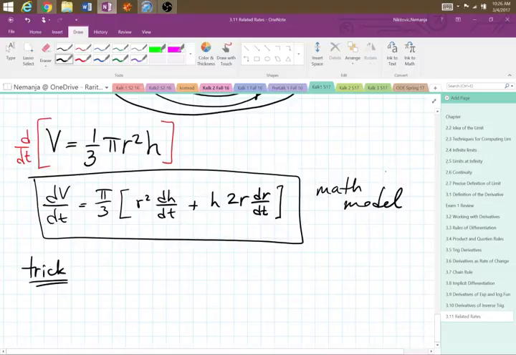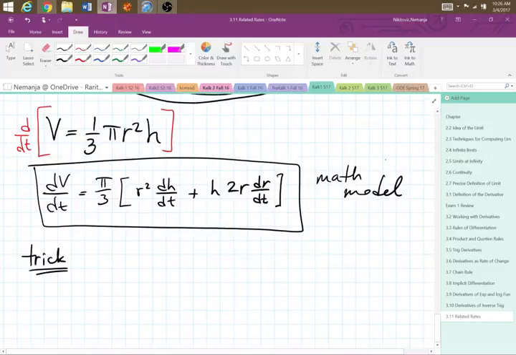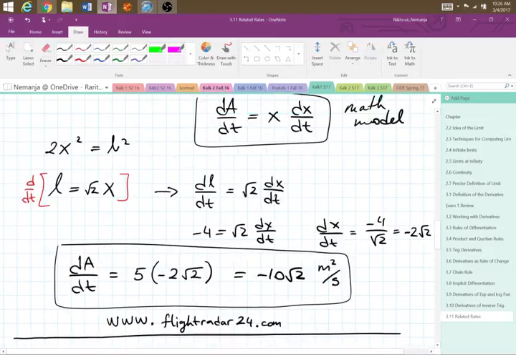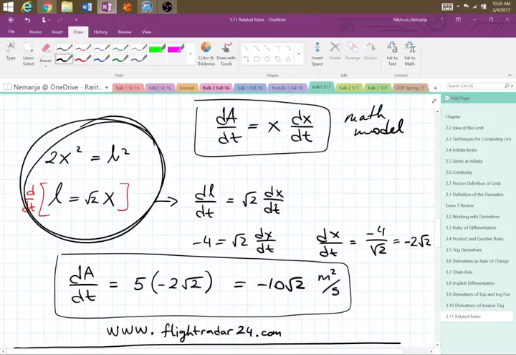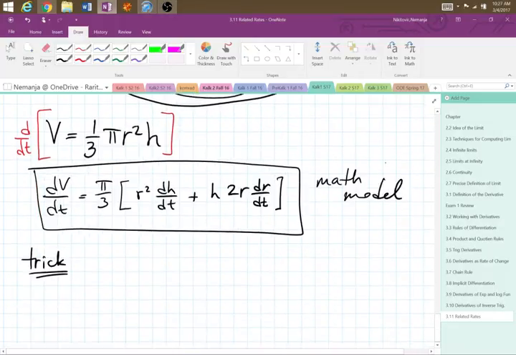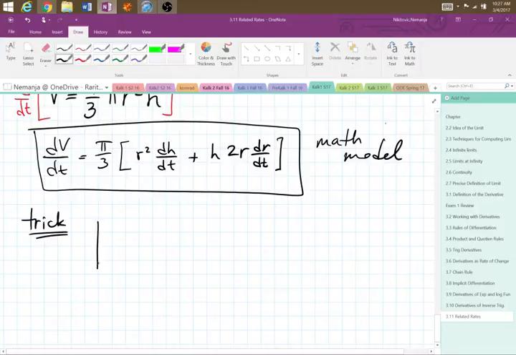And now what do we do? Similar triangles, and we do the same trick we did over here to relate those guys. So I'm going to say that if I look at the triangle, this is the height of the pile, this is the radius of the pile, right?